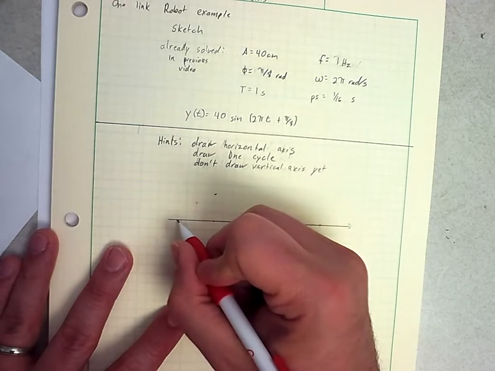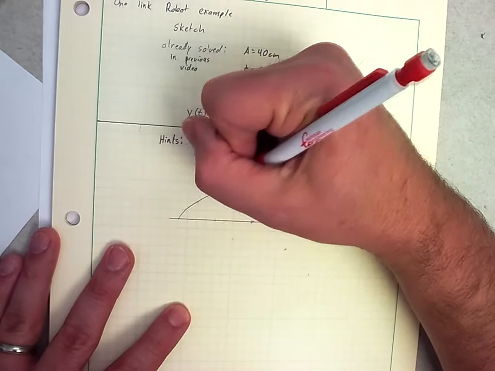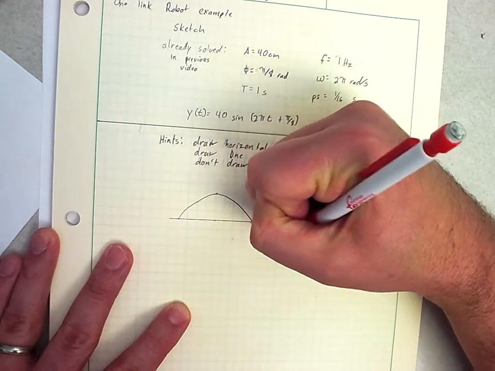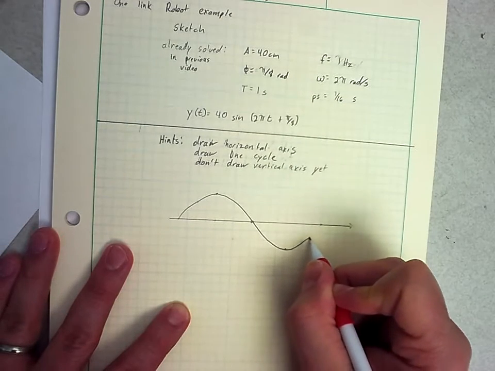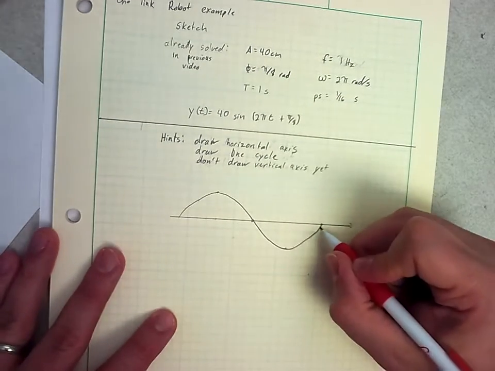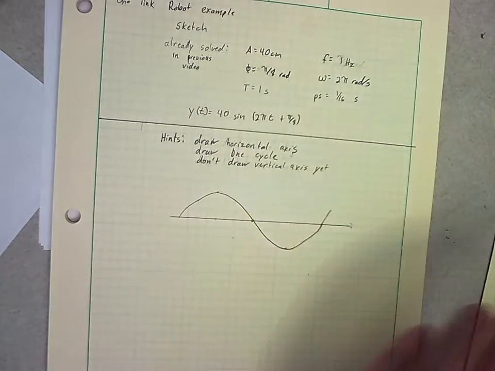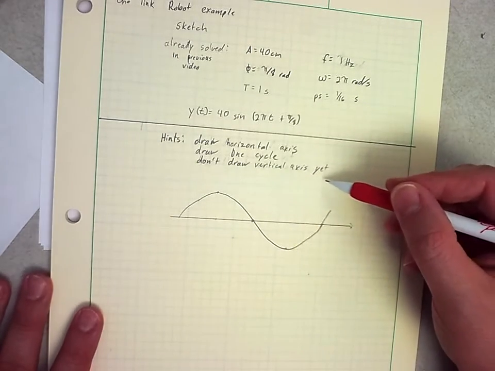Let's try to draw a nice smooth sinusoid looking curve. Like I've said many times, hopefully it'll be better than that. I'm going to give a little bit of tail on there. So I want to draw a horizontal axis and then draw one cycle. Don't draw the vertical axis yet.